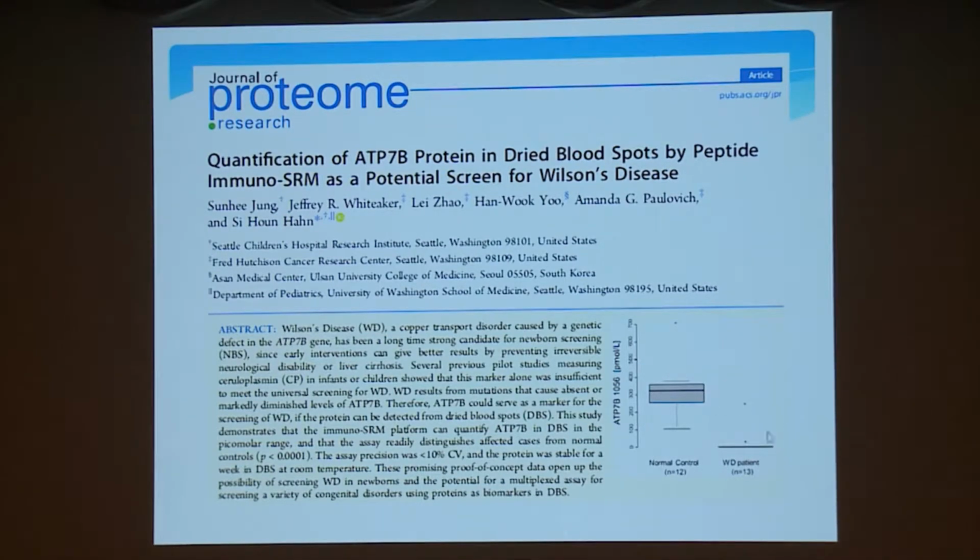They were able to differentiate Wilson disease patients, testing 13 subjects, where ATP7B was at an undetectable limit, whereas the normal controls, with an N of 12, could still be differentiated. But this is just a proof of concept and hasn't been applied to a larger population, though it would be a hope if it is really able.